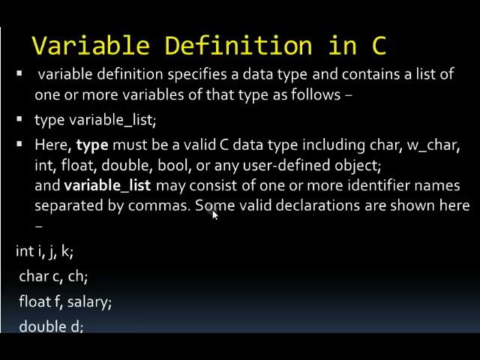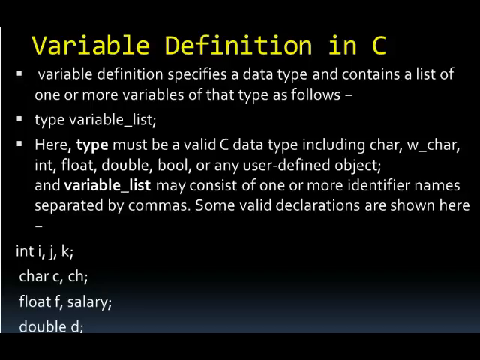Next we're going to see variable definition. Why do we define a variable? Variable definition tells the compiler where and how much storage to create for a variable. It specifies the data type and contains a list of one or more variables of that type.